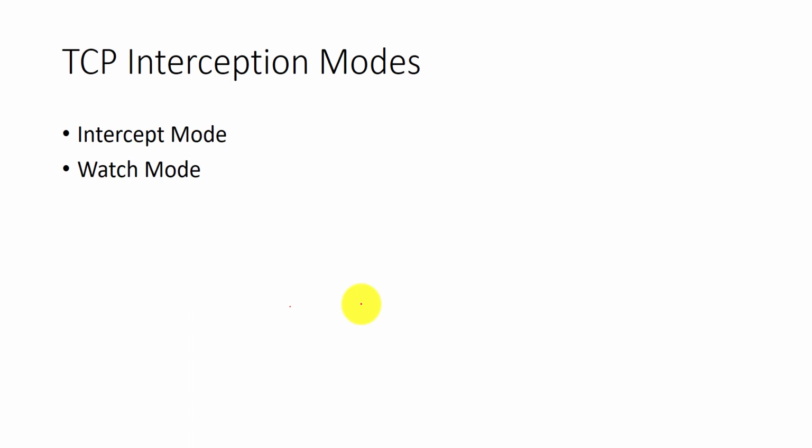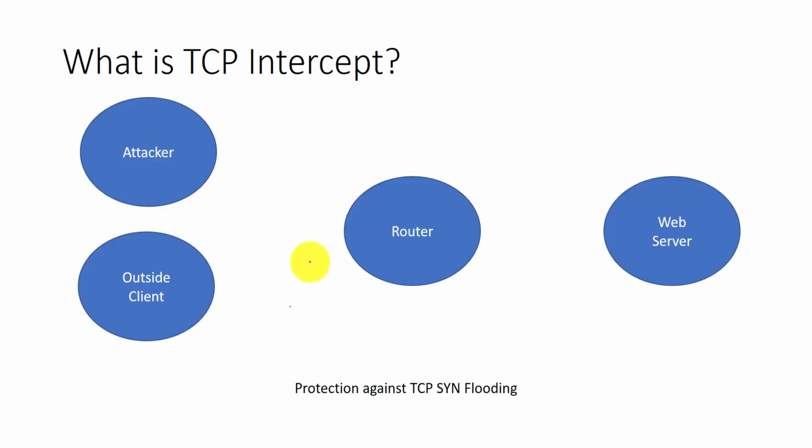So let's go back to this. With passive mode, connections are allowed to pass through the router. Let's say this TCP SYN goes to the web server, and these connections are watched until they become established.